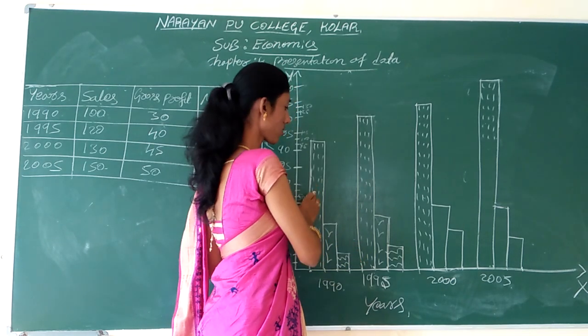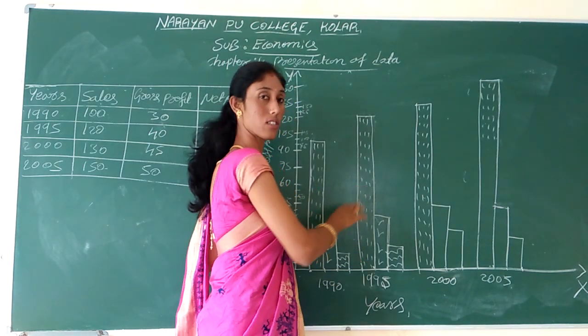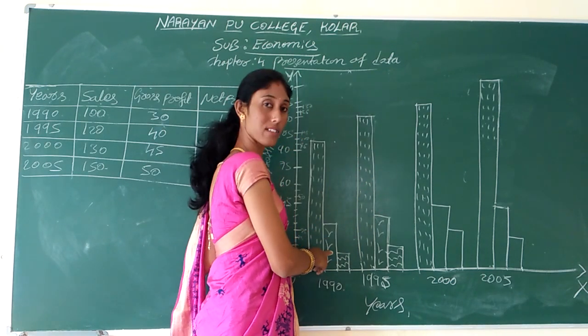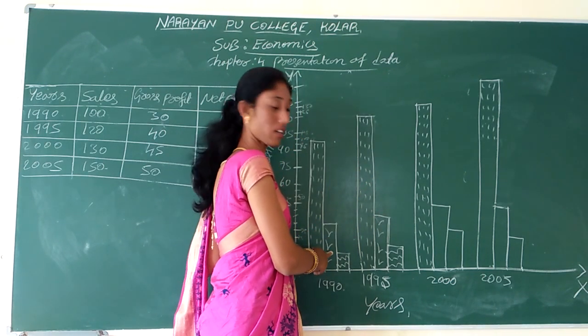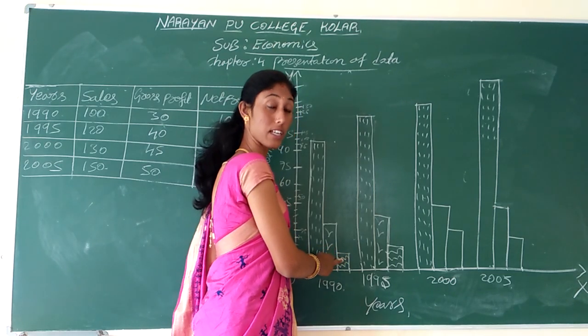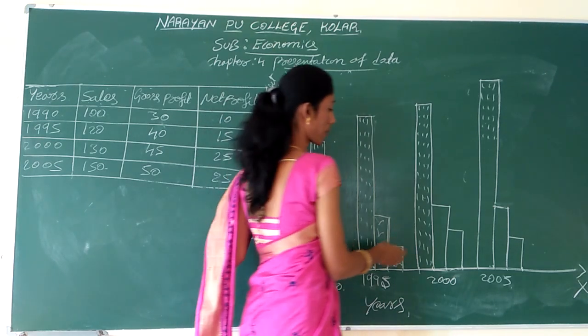These dotted bars are showing the sales of a company. The plain line bars are showing the gross profit of a company. And the curved bars are representing the net profit of a company.